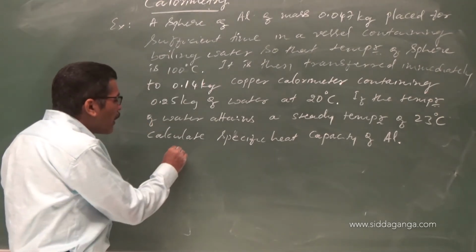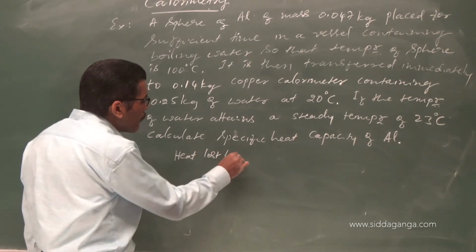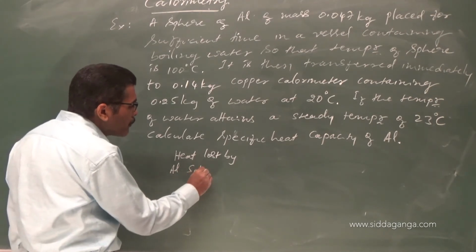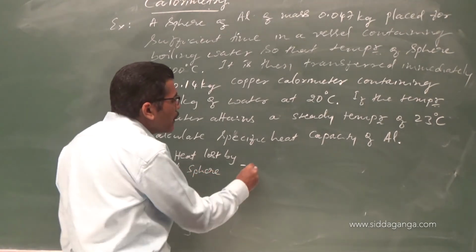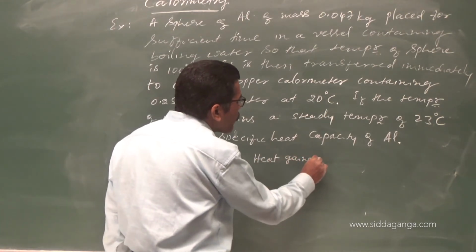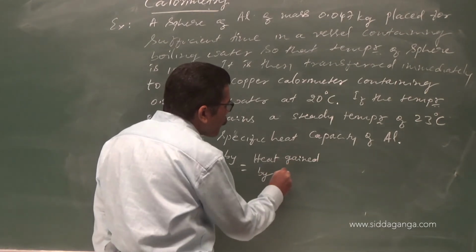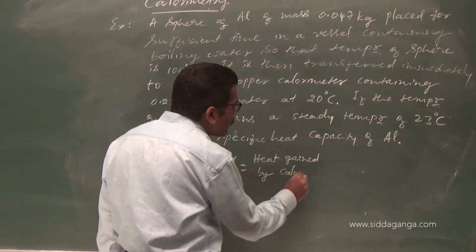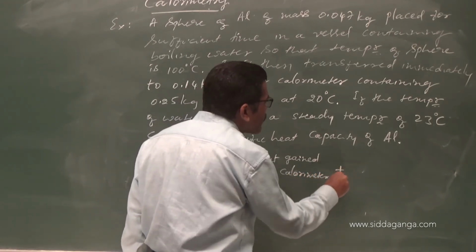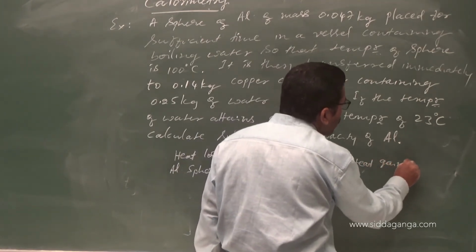Therefore heat lost by aluminum sphere equals heat gained by calorimeter plus heat gained by water.